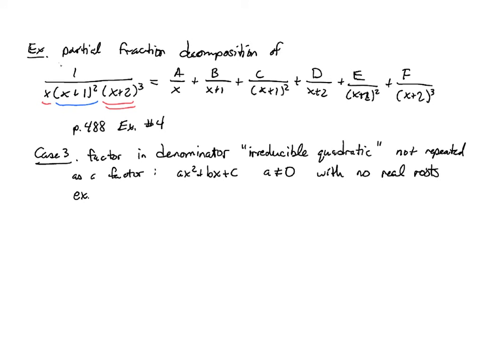For example, x squared plus 1 is an irreducible quadratic because it is only taking on positive values, so it has no roots, and it has degree 2 because the largest power is x squared. Another example would be something like x squared plus x plus 5. That has no roots because if you try and use the quadratic equation, you'll end up getting imaginary numbers.